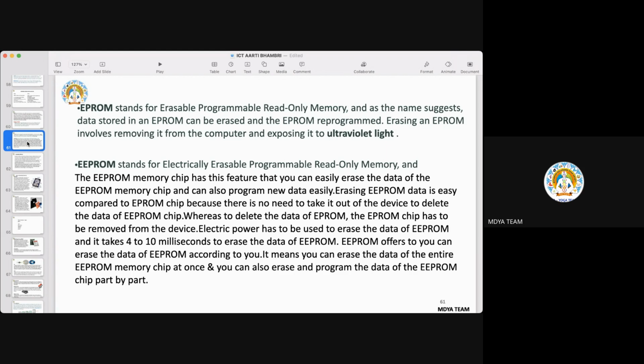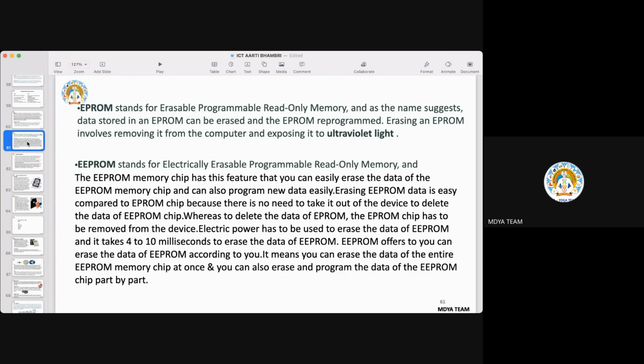The EEPROM memory chip has this feature that you can easily erase the data and program new data easily. Erasing EEPROM data is easier compared to EPROM, because there is no need to take out the device, because it is done electrically.